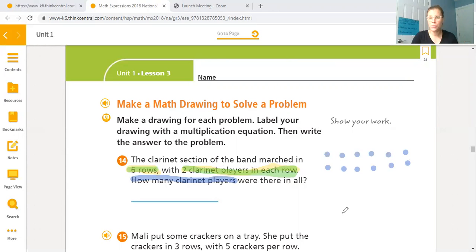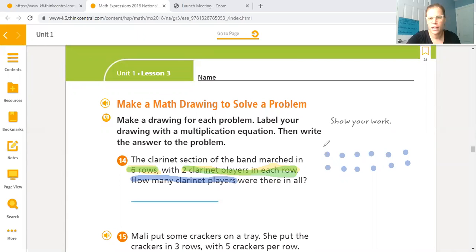Now we're going to count up to see how many clarinet players there are in total. We are able to count by 2s in this equation because it's rows of 2. So we would just count. Here we go, so you can see it better.